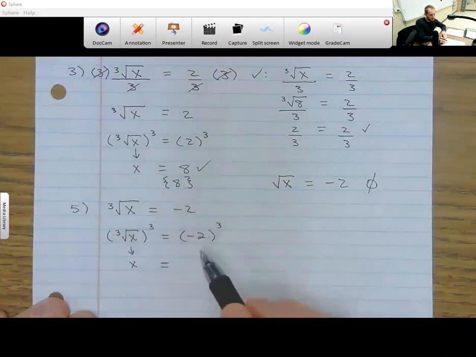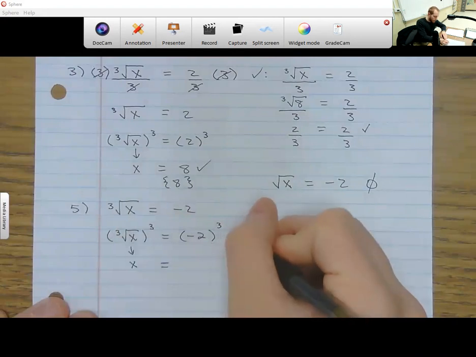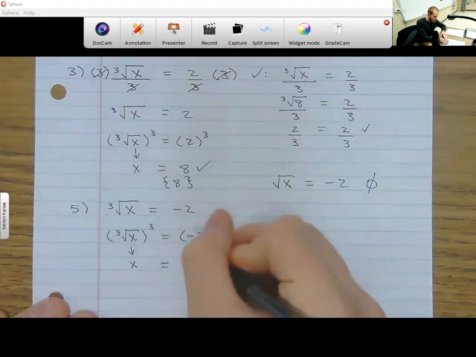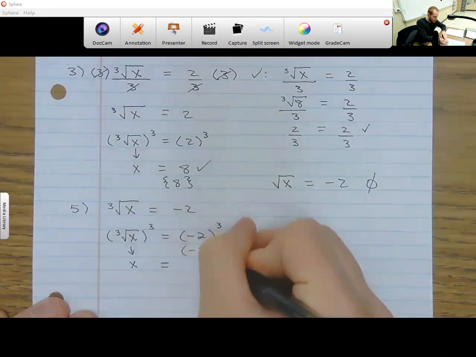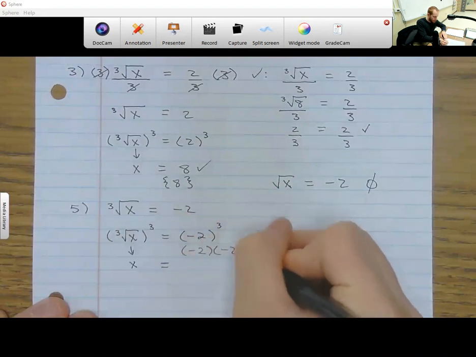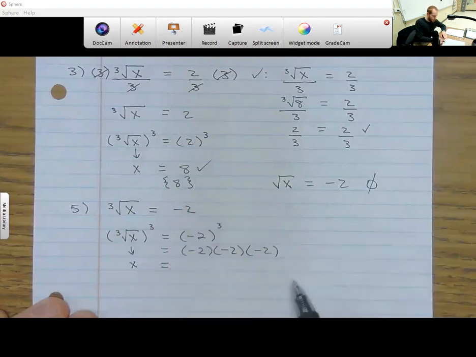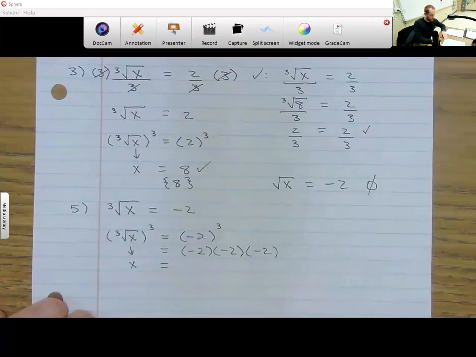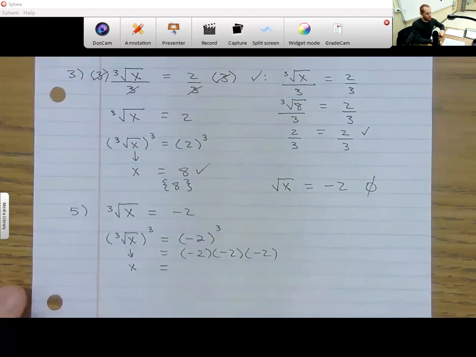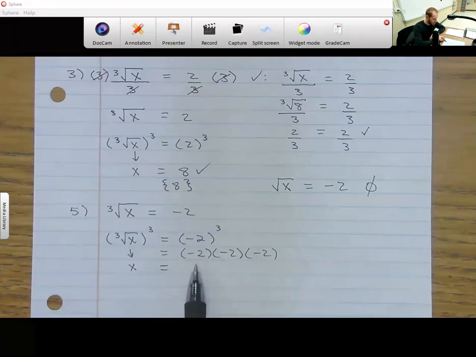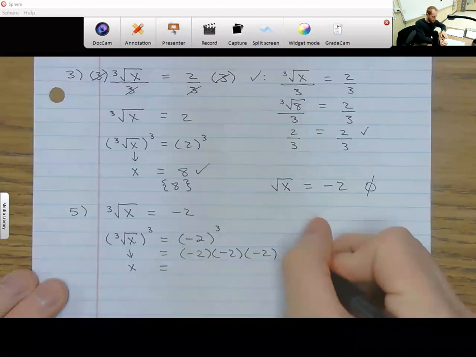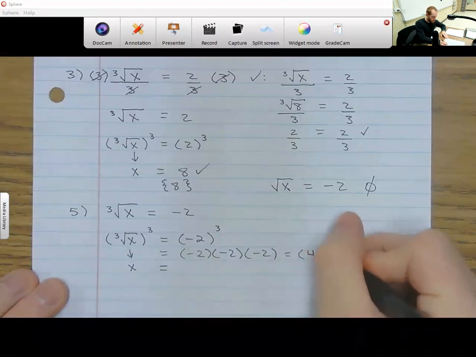And then I have -2 cubed. So what would that be? That would be -2 times -2 times -2, right? So I'm basically just writing -2 3 times because I'm cubing it, right? Okay. So -2 times -2, that's going to give me +4.